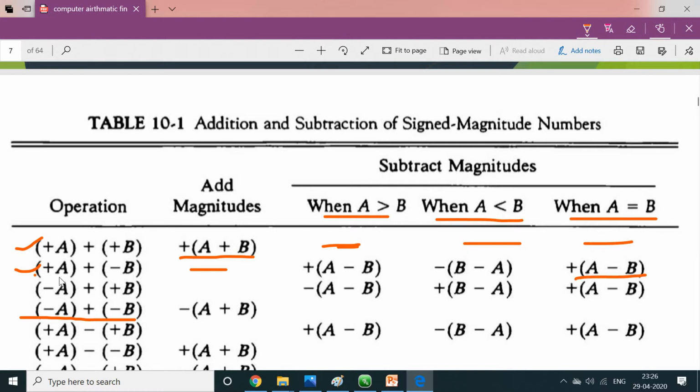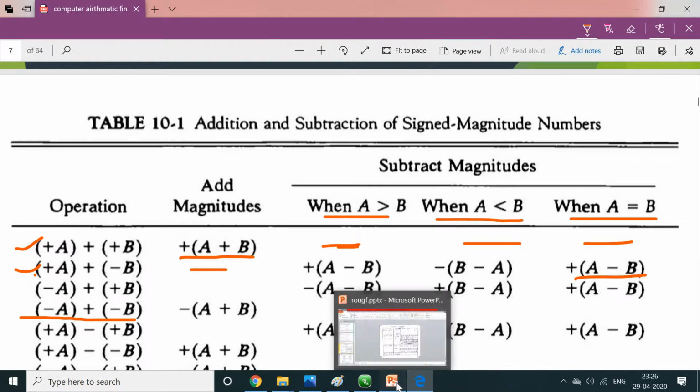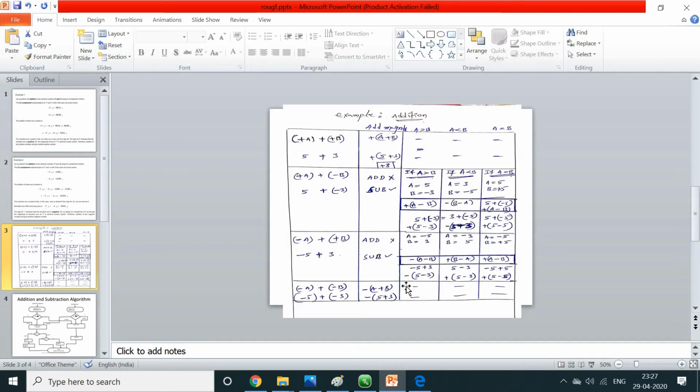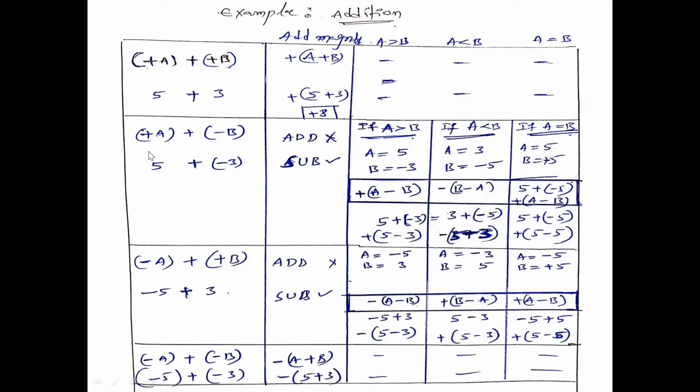If you want to consider small decimal numbers, let us see a small example. Second case, positive A and negative B. The value of A is 5, and this is minus 3.